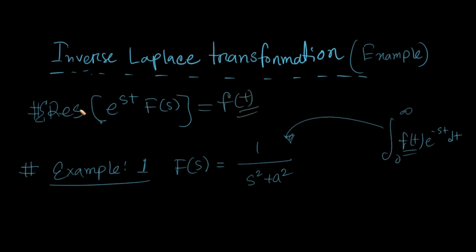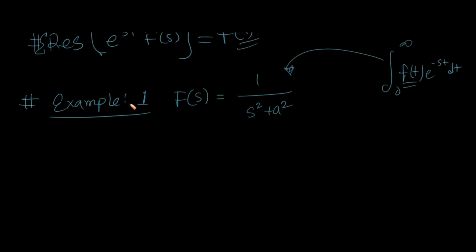And our theory said that f of t is just the residue of this whole thing, e to the power st times f of s. So the first thing we need to do is find the poles. The poles come from making the denominator 0, and this tells you s is equal to plus minus ia.